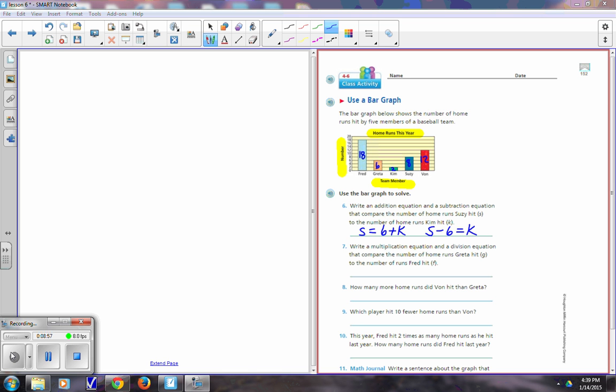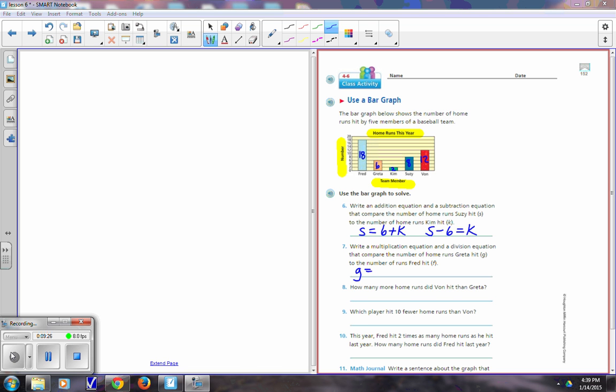Now let's look at number 7. Write a multiplication equation and a division equation that compare the number of home runs Greta hit to the number of runs Fred hit. Well, I know that Greta hit 3 times less than what Fred did.